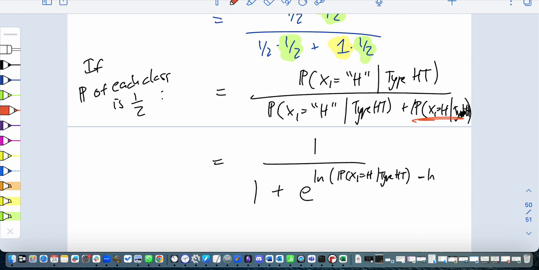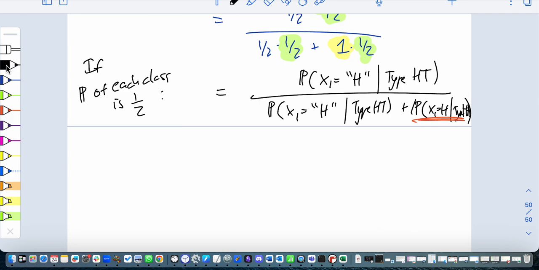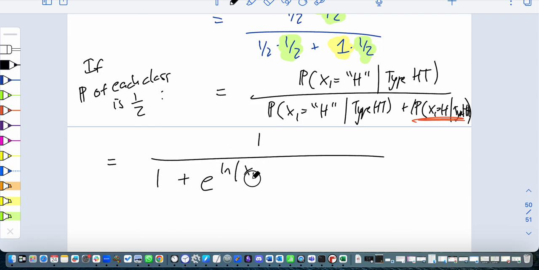Let me make more room. Okay, so this is equal to 1 over 1 plus e to the difference of the logs: x1 is heads, given heads, tails, minus x1 is heads, given heads, heads.